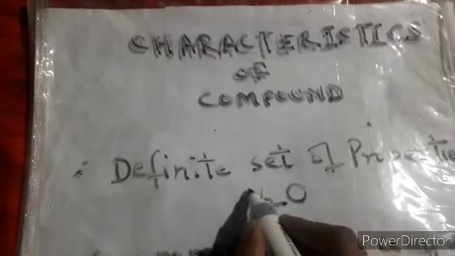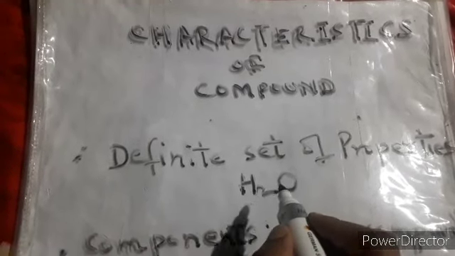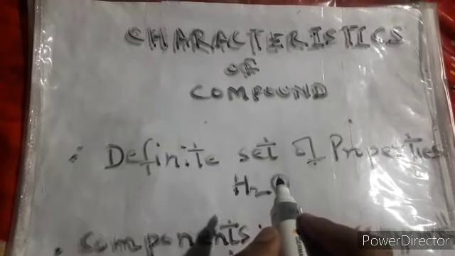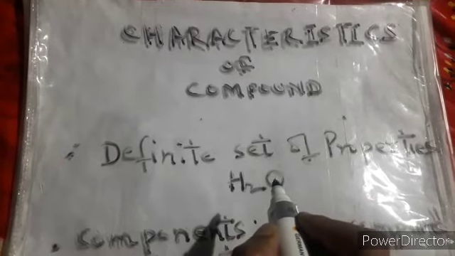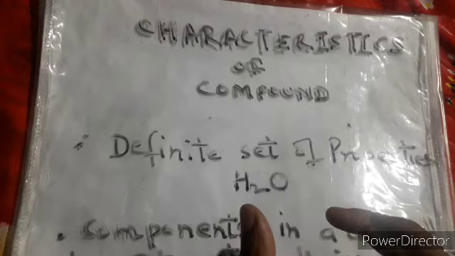If you see water once again, what are the components? Hydrogen is a component and oxygen is a component. I've already mentioned how to differentiate with the compound: hydrogen and oxygen are both gases, but water is a liquid. This is also one factor by which you can differentiate them.